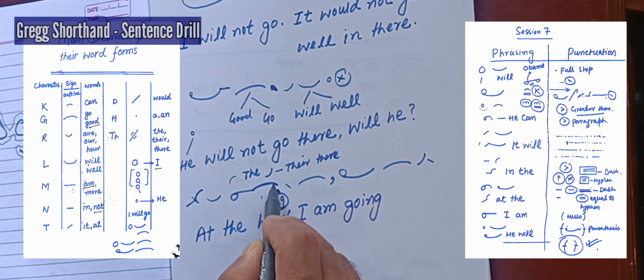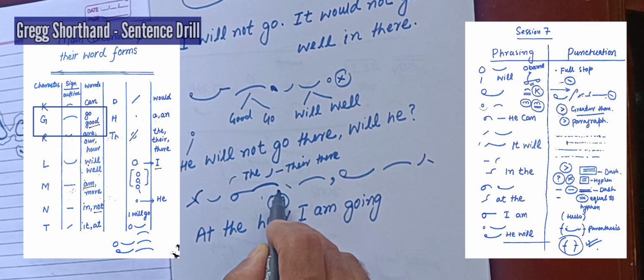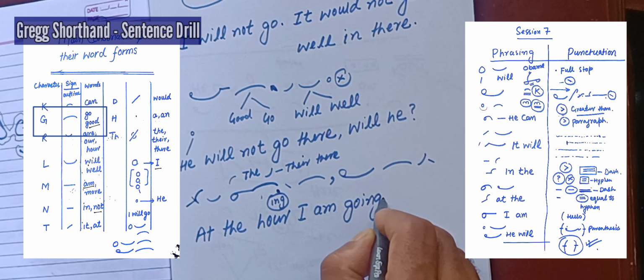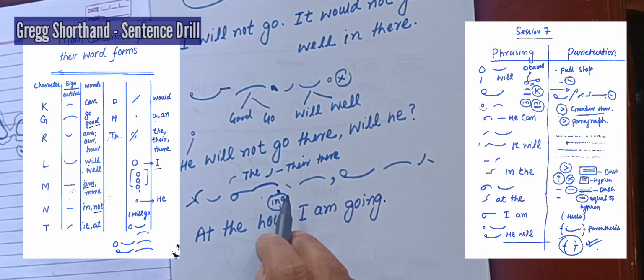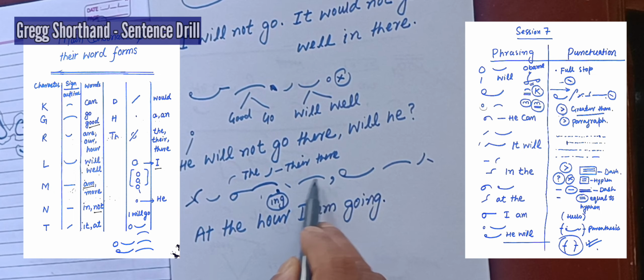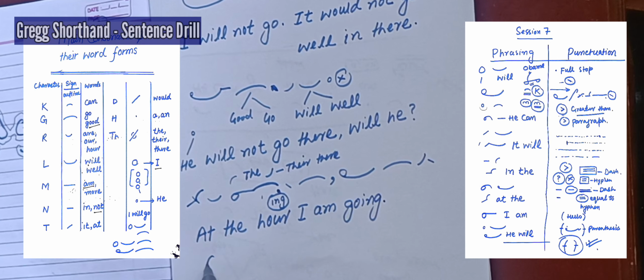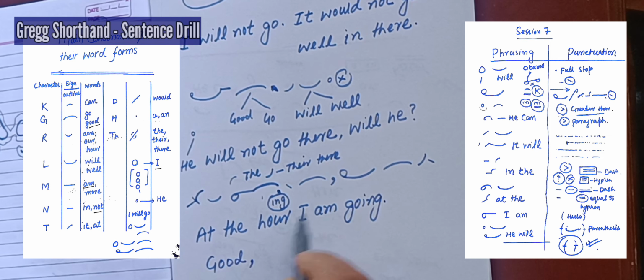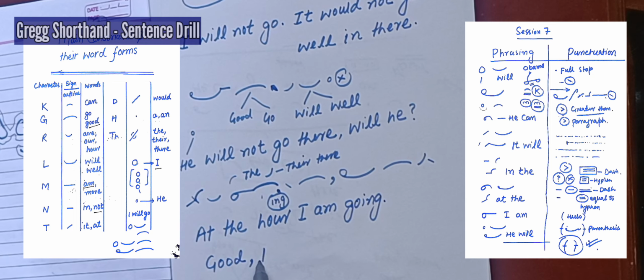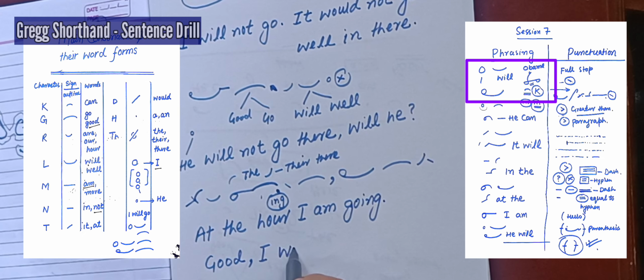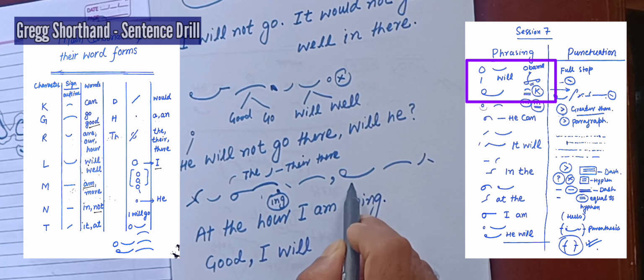This is gay character. That means go or good. So here it's go. Then we have ing. Go-ing. Then we have a full stop. Now what is this? This can be good or this can be go. So here this is good. Then we have a comma. Then this is again I. This is will. This can be will or well.